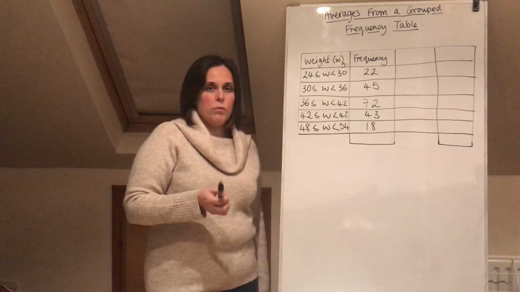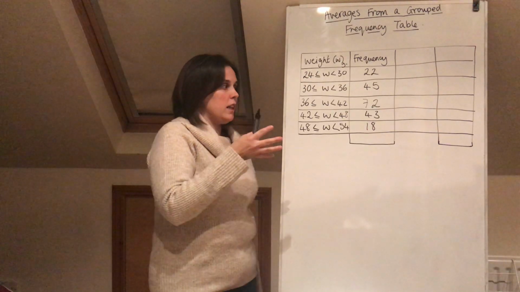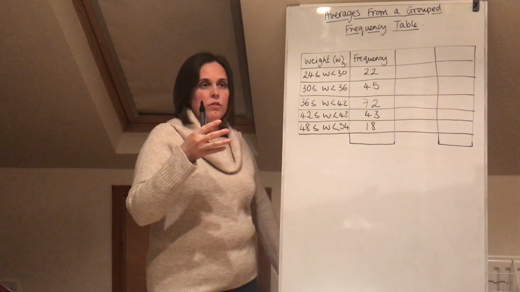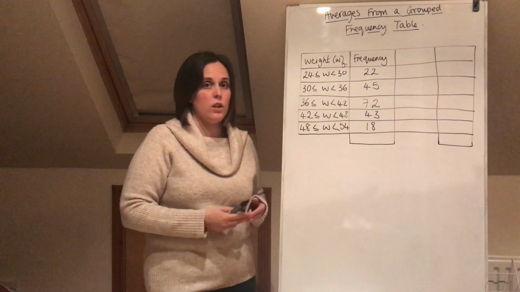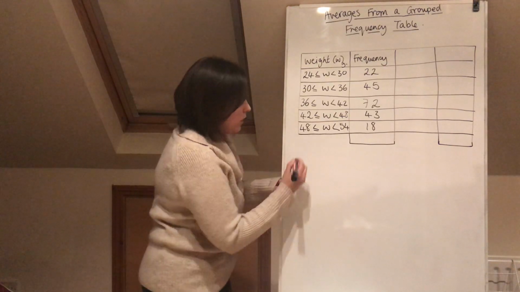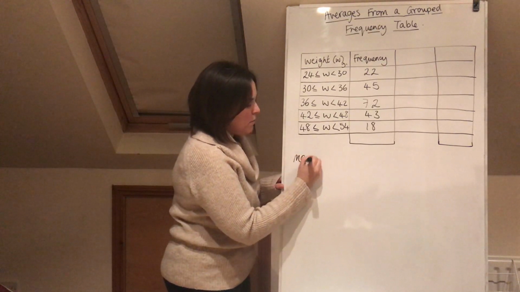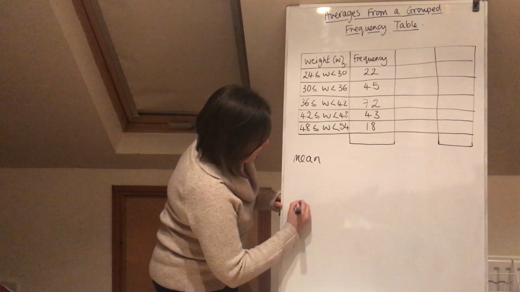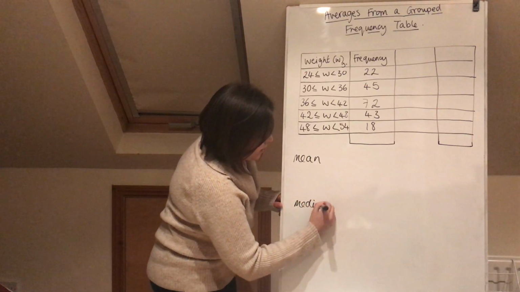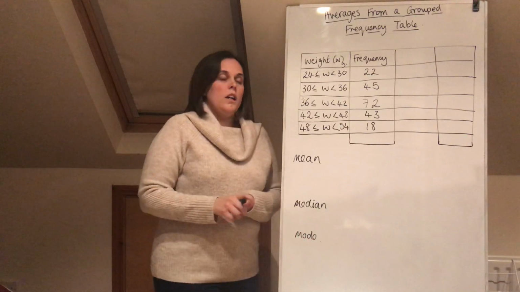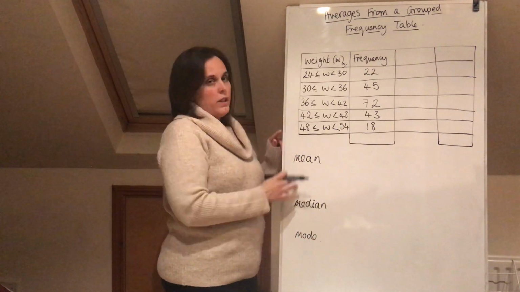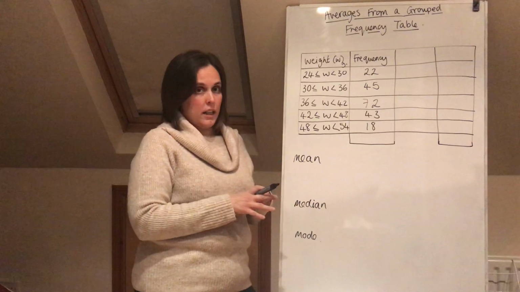Now if you remember from when we looked at finding averages from a frequency table, there were different things you needed to do for the three types of average, and just to remind you, they are mean, median and mode. All of these have different techniques to find them.